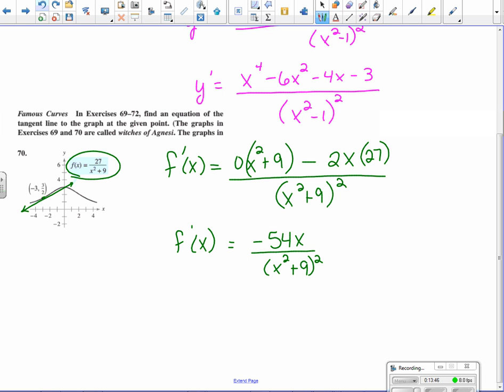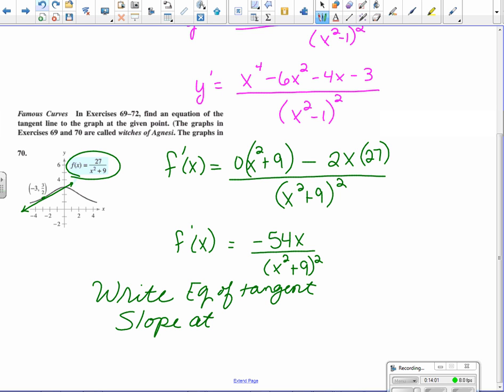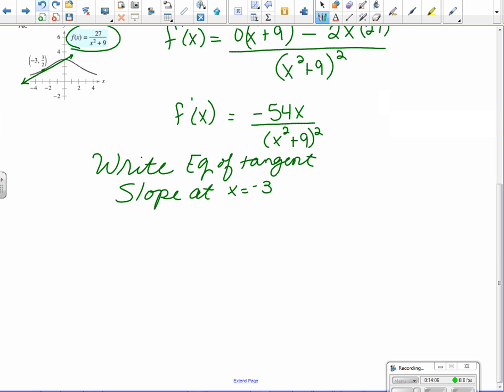Now they ask us to write a tangent line. In order to write the equation of the tangent line, I need to get the slope at that point. So let's analyze the slope at x equals negative 3. Now this is an instantaneous slope because we're at a point, not an average slope over 2 points. So we want f prime of negative 3, and we will pop that into our derivative.